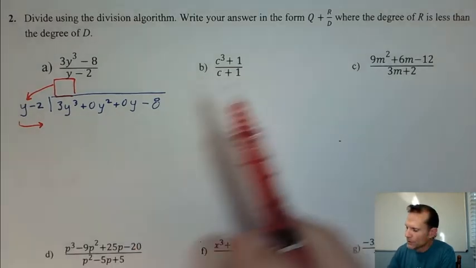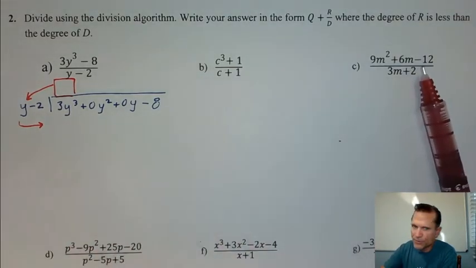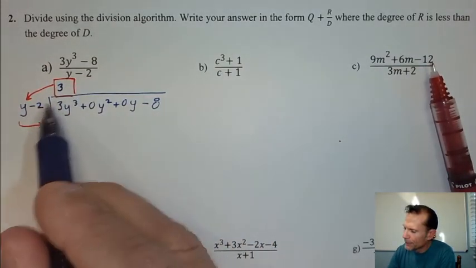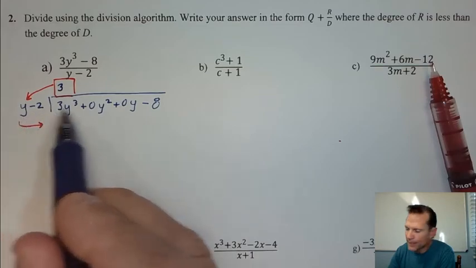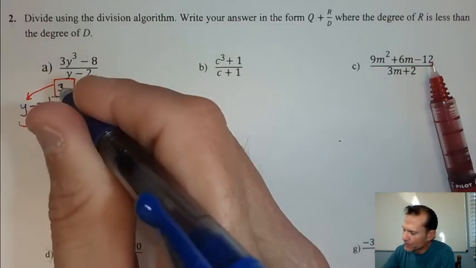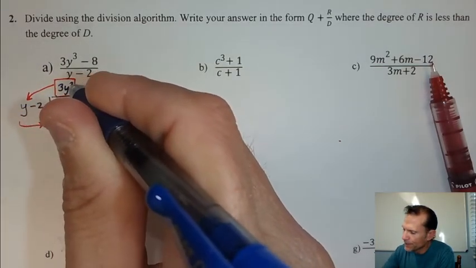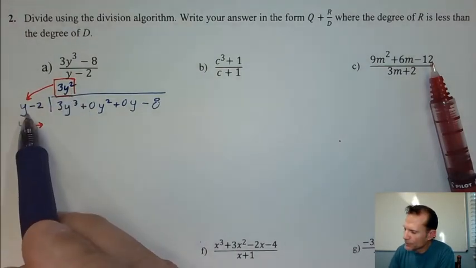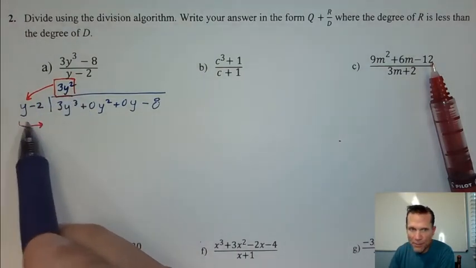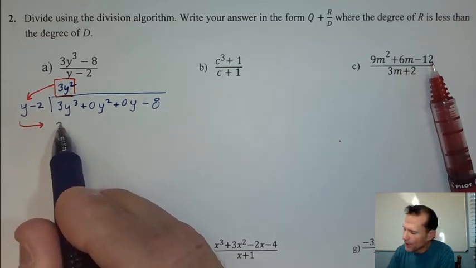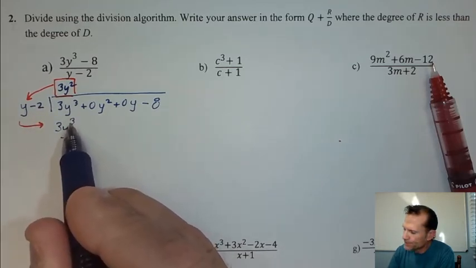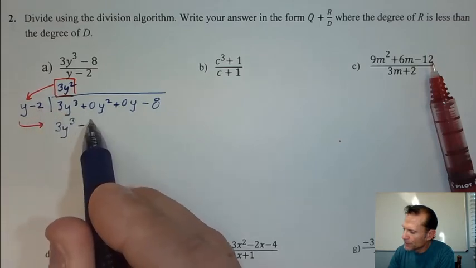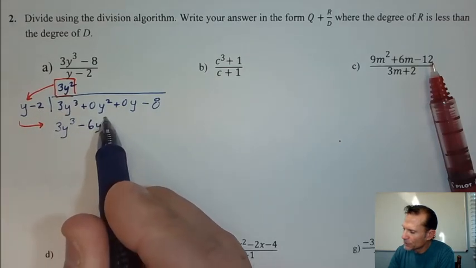I know I'm going to need a 3 up there, but I have to get y to the third, so I'm going to put a y squared here. When I take this times 3y squared, I get 3y to the third, and then 3y squared times negative 2 is negative 6y squared.